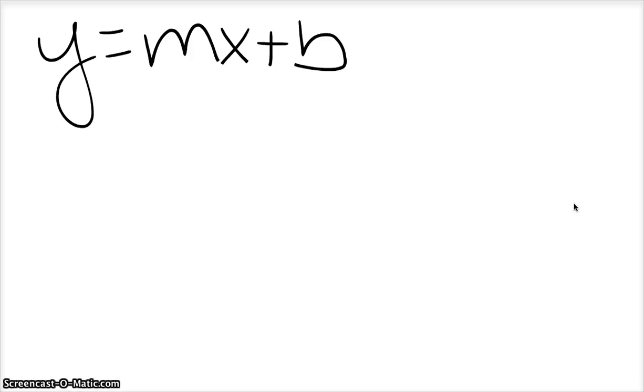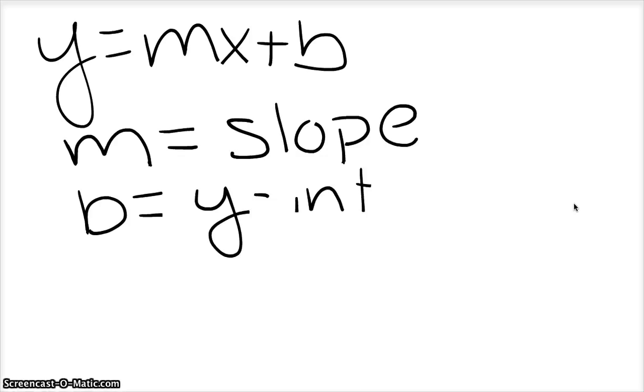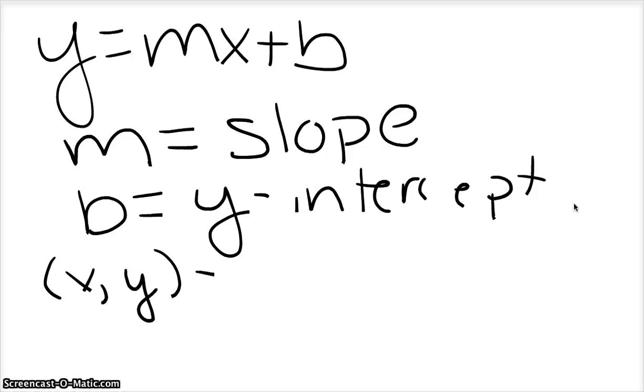Alright, so turn the page, and on the back of that page, I want you to write y equals mx plus b. What does the m represent? Slope. Hopefully that's what you said. What does the b represent? Y-intercept. What does the x and the y represent?